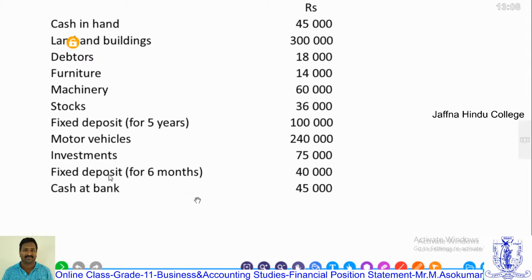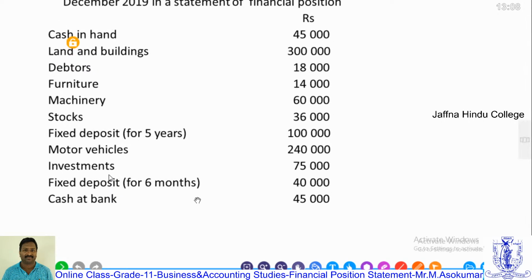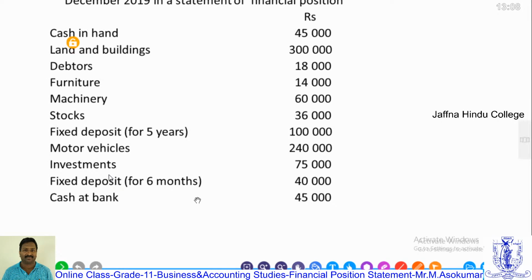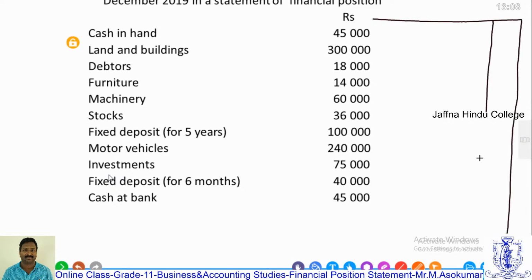Here you are given some current assets and non-current assets in an irregular order. We have to arrange them in the financial position statement, which has two columns.